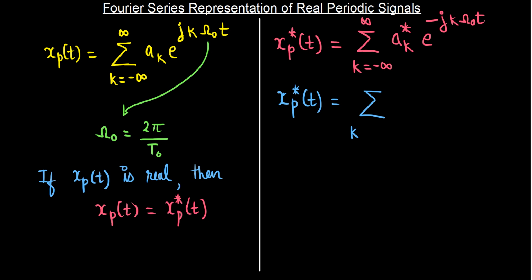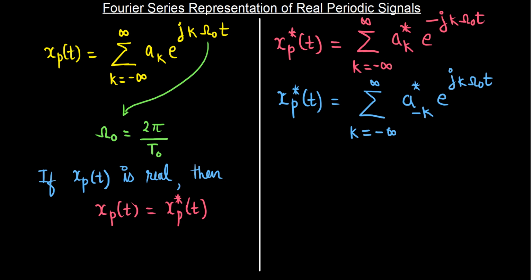This summation won't change, it will run from infinity to minus infinity, so this remains the same. I will write it as a of minus k star e to the power j k omega naught t. What I have done here is simply a change of variable.